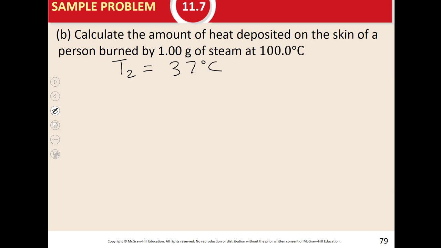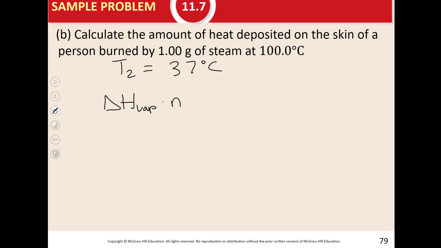So let's do the phase change first. The phase change is delta H of vaporization times n, where n is the number of moles. So how do we find moles? Good, divide by molar mass.